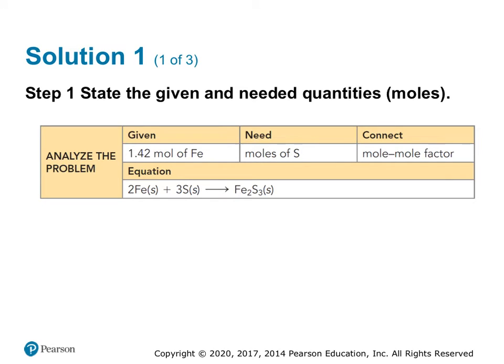To get from moles of known to moles of unknown, I'm going to need the mole-to-mole factor, or the mole ratio. On top is going to be the unknown.